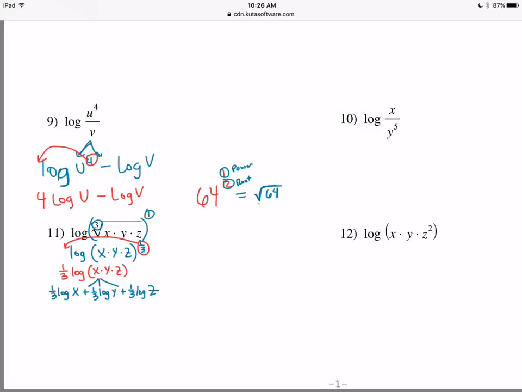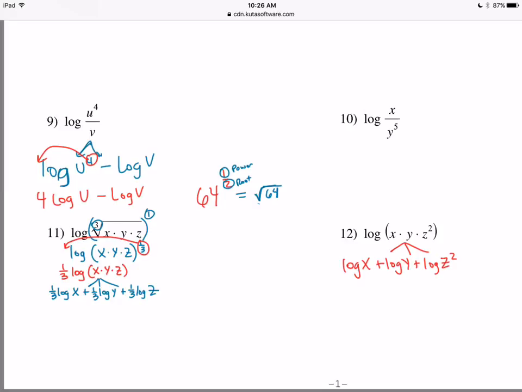All right, and now number 12, you might say, oh, it's pretty similar, except notice how the exponent only applies to z, right? X and y don't have it, only z does. So first let's expand this into its separate pieces. So it would be log x, because of multiplication we add, log y plus log z squared.